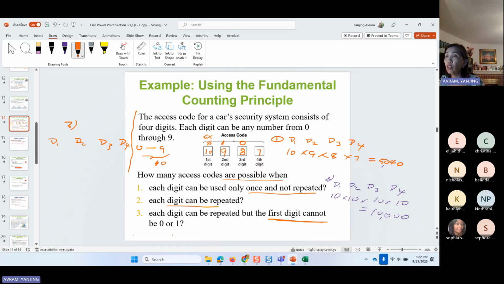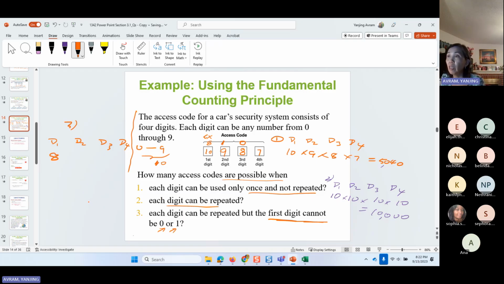So how many choices do I have on the fourth digit? Well, 2 numbers are out. It cannot be either 0 or 1, right? So I have 10 choices minus 2. So how many choices do I have? I only have 8 choices. I can only choose from 2 to 9. Okay, that's the fourth digit.